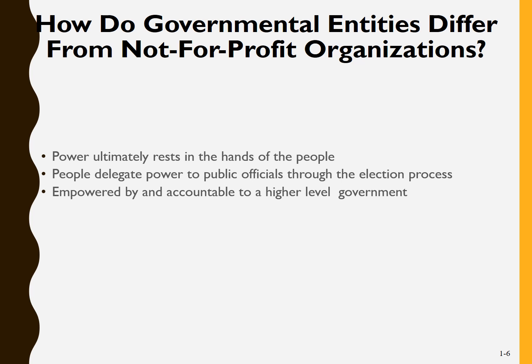So local governments are kept accountable to state government. The same goes for governmental organizations like public colleges. They have taxation powers, which governmental entities have and not-for-profits don't. Not-for-profits have to rely on the generosity of donors and can't take the money by force like the government can.